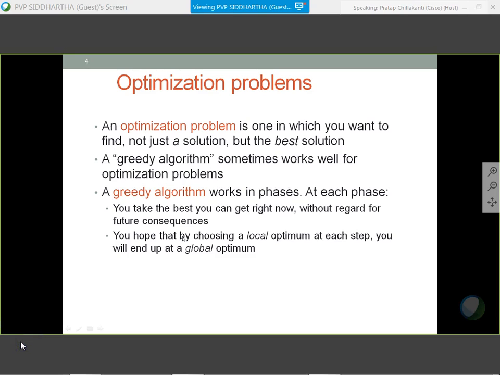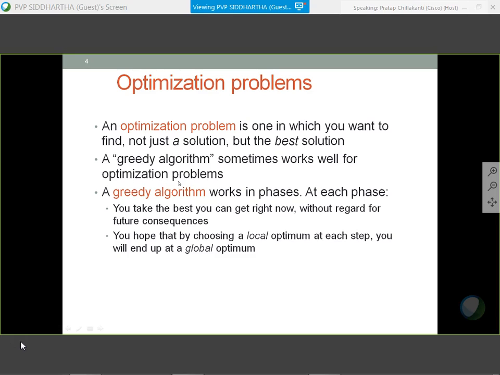So what we are doing is we are trying to optimize, right? An optimization problem is one in which you want to find not just a solution, but the best solution, right? That's why we call it optimization. And if you look at the second bullet, that's why we say this particular algorithm sometimes works well for optimization problems. Why do we say sometimes?